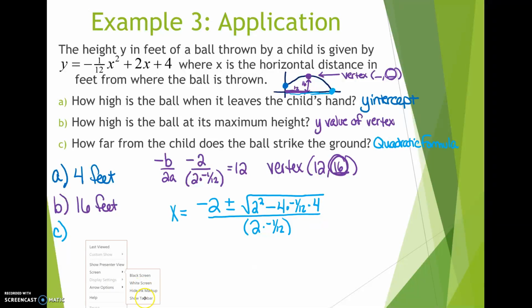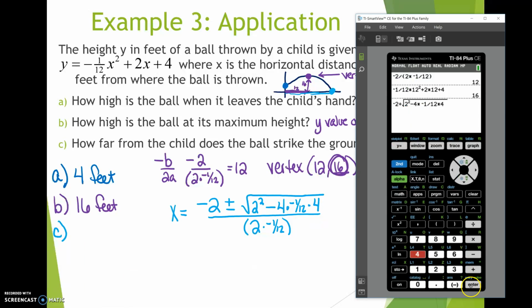That's so frustrating. Enter. Okay, now think about what I have. I have 0.309. I still need to divide by this 2 times negative 1/12. 2 times negative 1/12 is going to be negative. If I take what I have in my calculator divided by a negative number, I will get a negative answer.